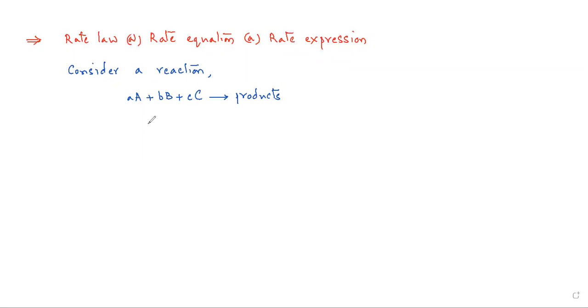See, for this reaction, according to the law of mass action, rate can be written as directly proportional to the product of active masses of reactants, like concentration of A to the power a into B to the power b into C to the power c.